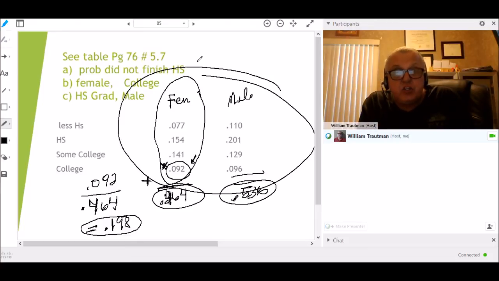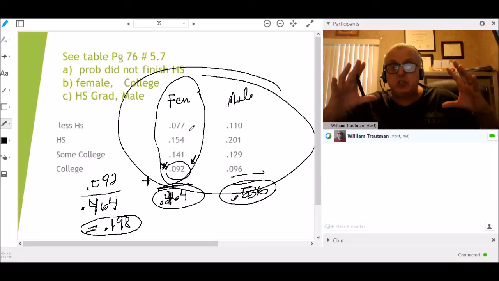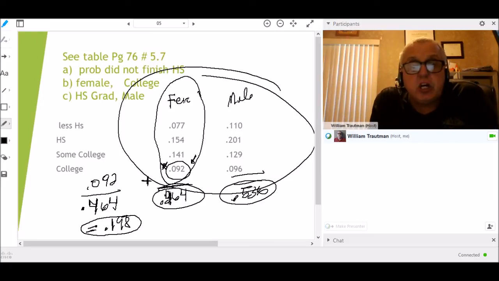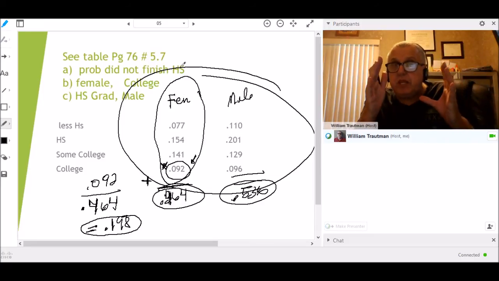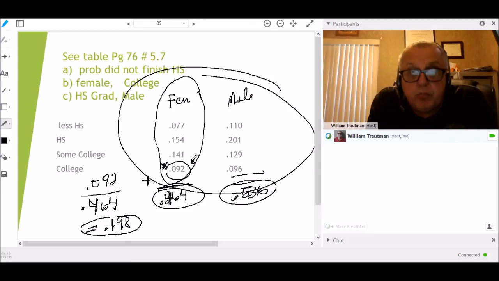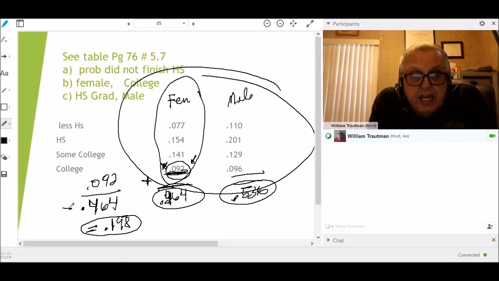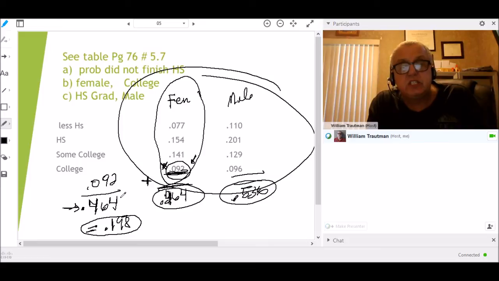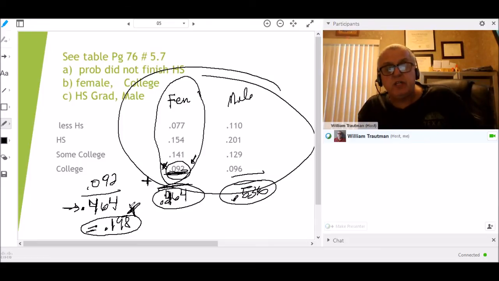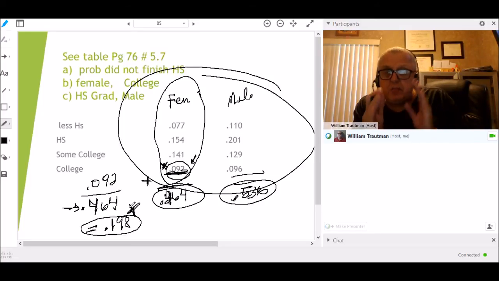We didn't have to do anything with that first problem because we're talking about the entire situation. Here we're talking about females and college graduates. Well, 0.092 is a college graduate, but just out of the females. So we had to add up the total percentage for the females. So it's 0.092 over 0.464, and the answer was 0.198.